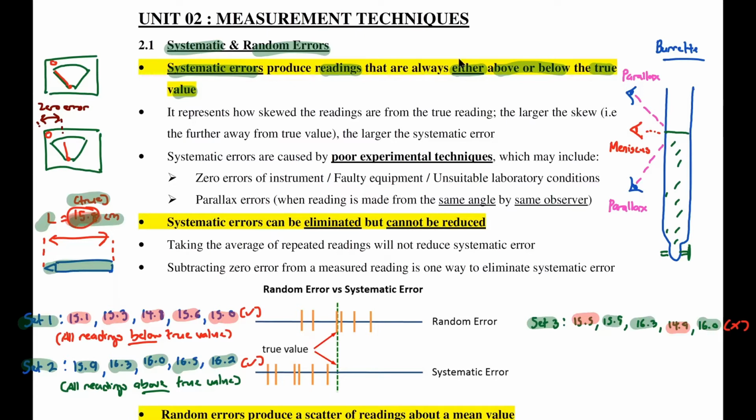So over here, we have a mixture of readings that are above and below the true value. So by definition, this cannot be systematic error, because systematic error must have readings that are either above or below the true value.